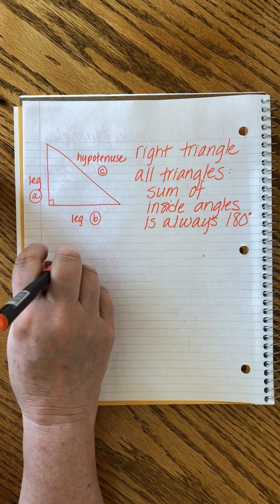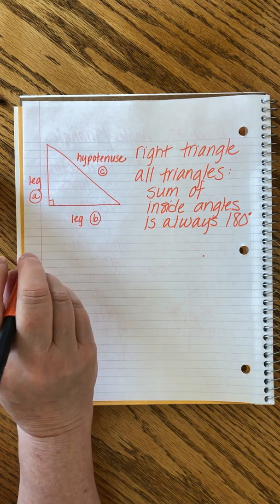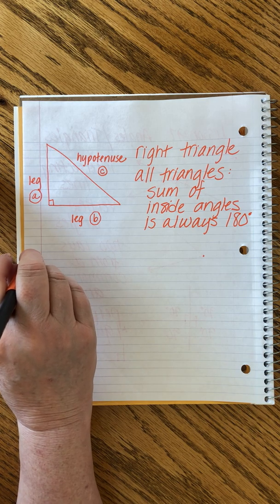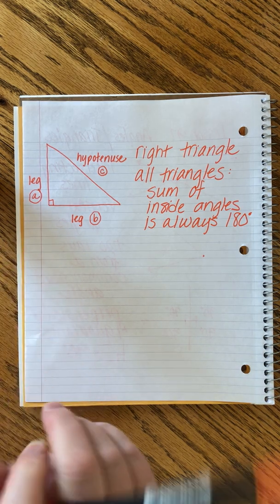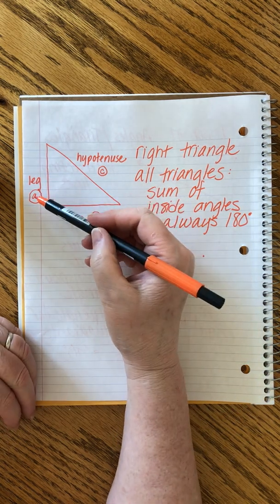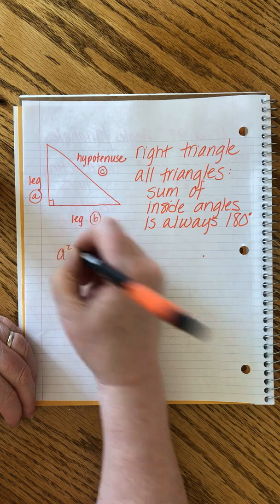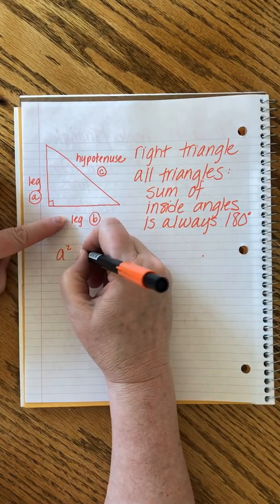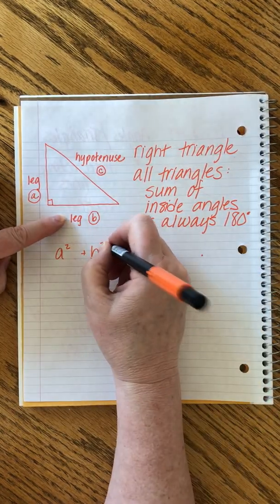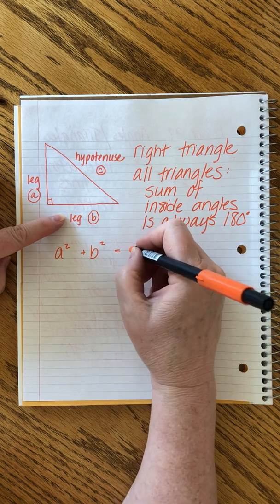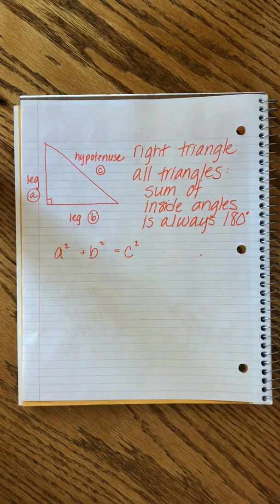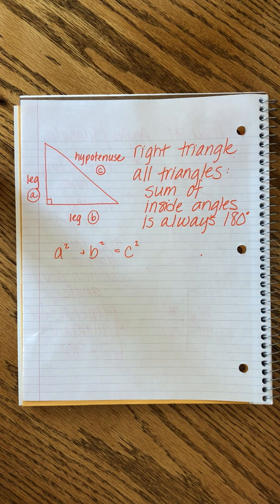He lived in a town in what we now call Italy, and he came up with this idea. His idea was that if you take this side, square it, add it to the other leg squared, that will equal the hypotenuse squared.